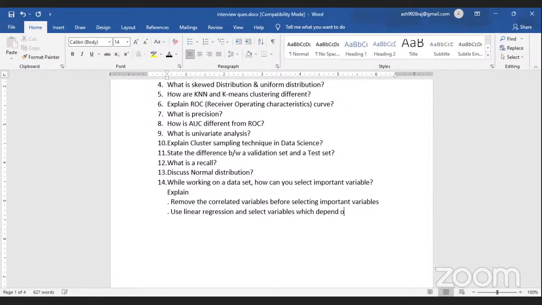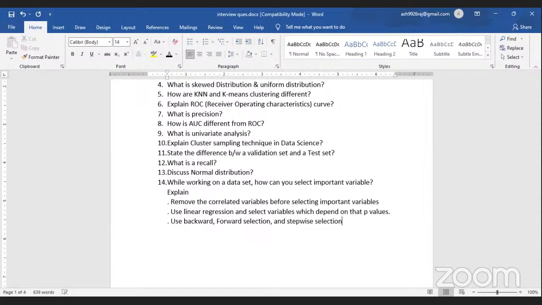And the third one is to use backward selection, forward selection, and stepwise selection.